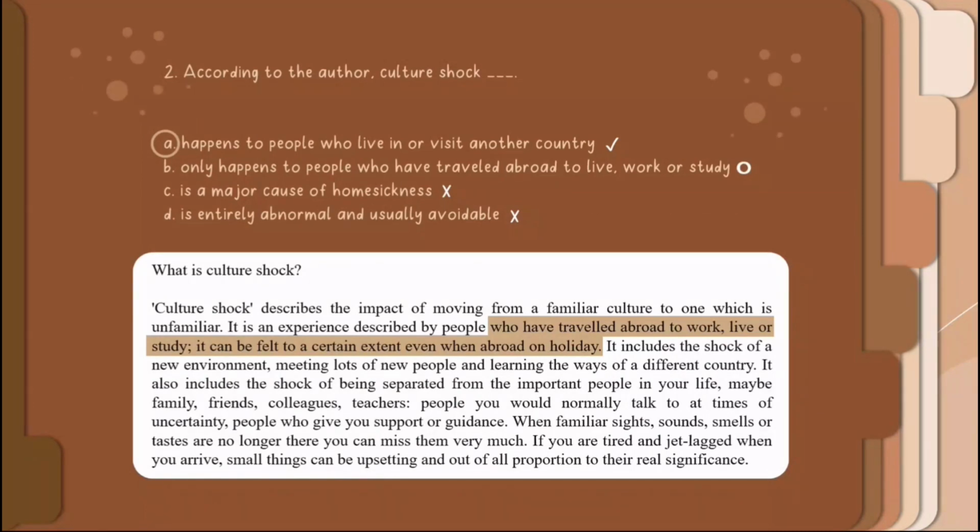But if we recheck the passage once again, you can see that it can be felt to a certain extent even when abroad on holiday. So even people who go on holiday in another country can also experience culture shock. So that's why it is an X.